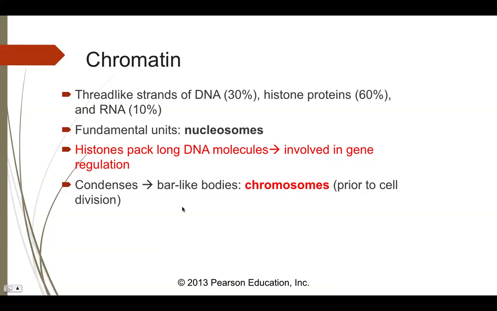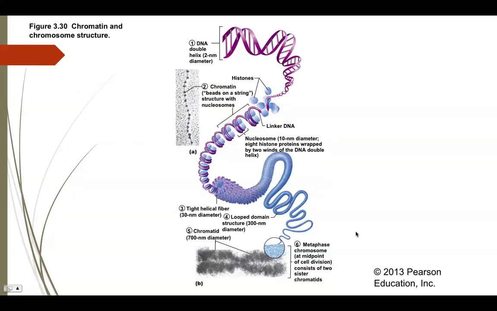The chromatin will condense into bar-like bodies called chromosomes just prior to cell division. And this is showing chromatin structure. It's wrapped around these little histones, and then this is showing a condensed form. Before cell division, this will duplicate to make 2 strands of chromatin, and then it will condense up into these little fuzzy-looking X's.